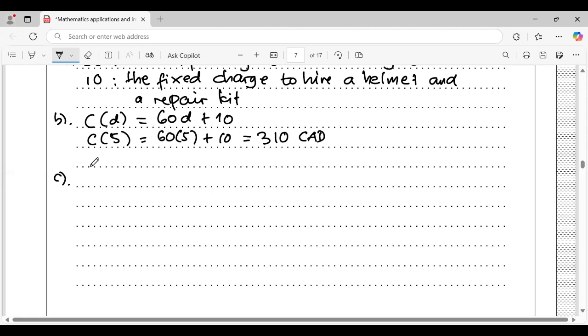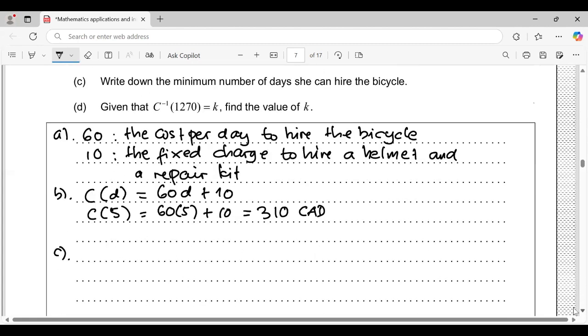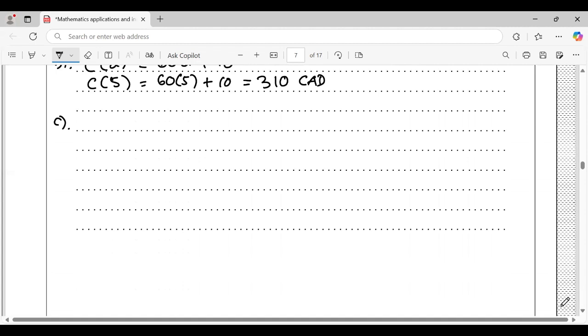Next, C. Hema hires a bicycle from Pedal Paradise. Write down the minimum number of days she can hire the bicycle. The problem states that D is greater than or equal to 3. It means that D must be an integer and at least 3 days.